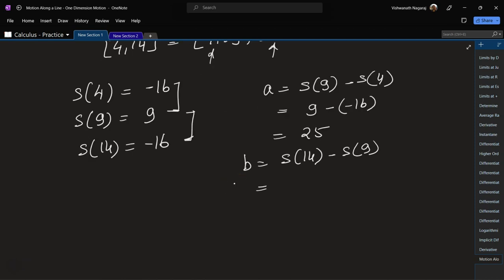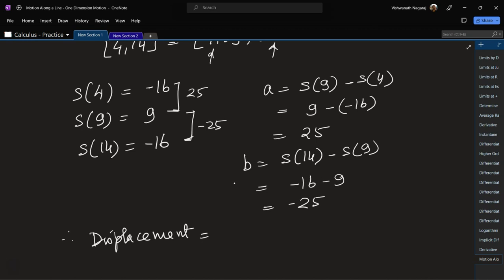This would give us S of 14 is minus 16, minus S of 9 is 9, which gives us minus 25. So here it is 25 and here it is minus 25. So therefore, displacement, remember here we are bothered about the signs, that is the directions.